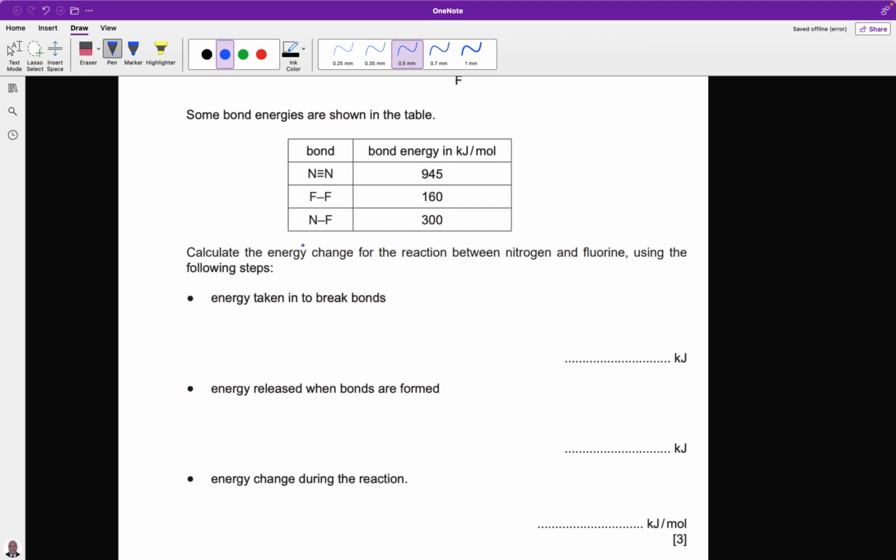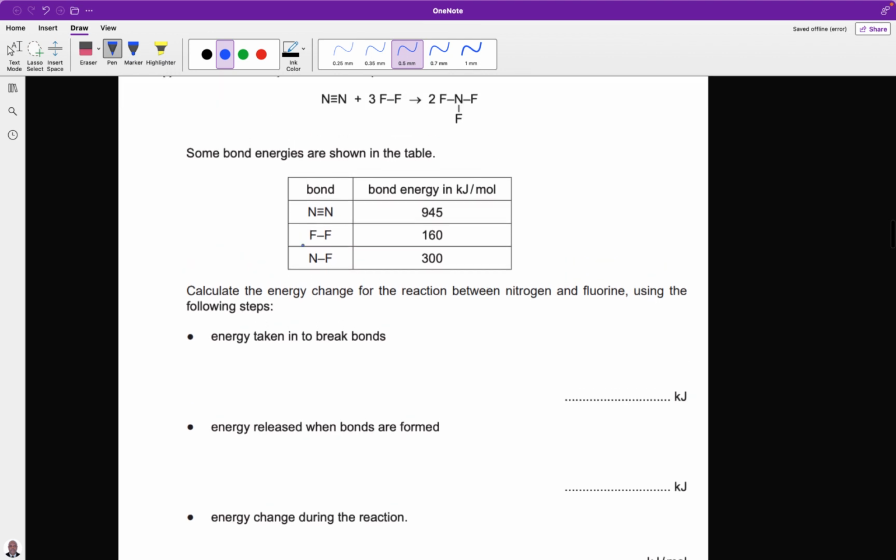Energy taken in to break bonds. Bond breaking takes place in what? In reactants. Energy is absorbed to break bonds in the reactants. Energy is released when products are formed. So we are now going to concentrate only on the reactants. Only reactants are involved.